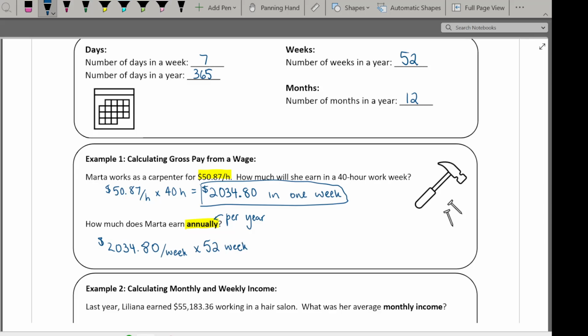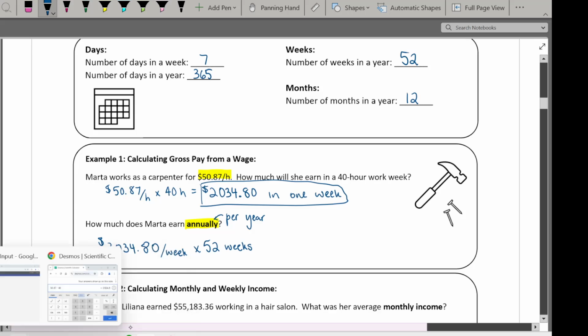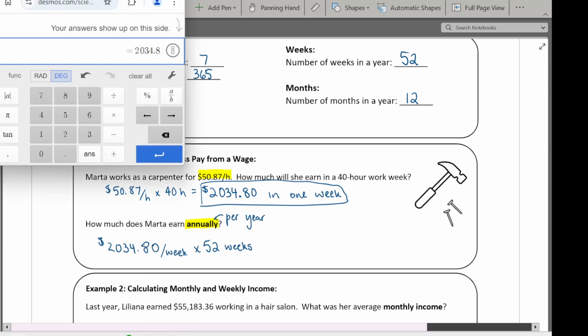I find it helpful to keep my units in my calculations, just because then I can make sure that everything is being calculated correctly. If you have a calculator open, you could just use that same answer from before, 2034.8, and multiply that by 52.